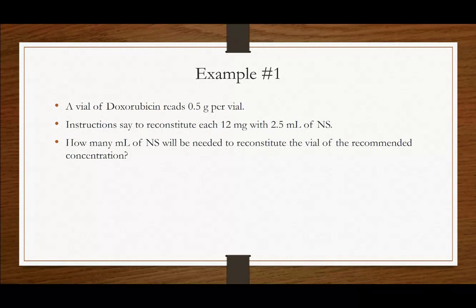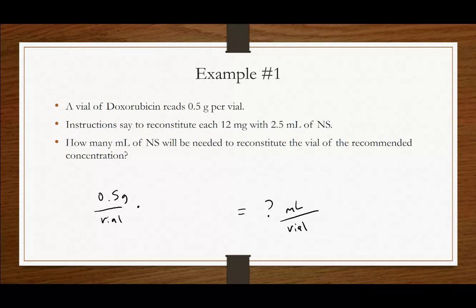So what we need in this case is to find the number of milliliters per vial needed for our recommended concentration. We have in our vial 0.5 grams. The instructions read that for each 12 milligrams, we'll need 2.5 milliliters of normal saline.